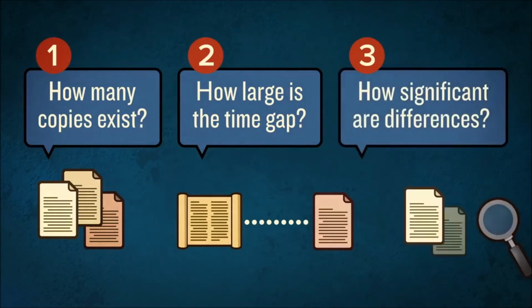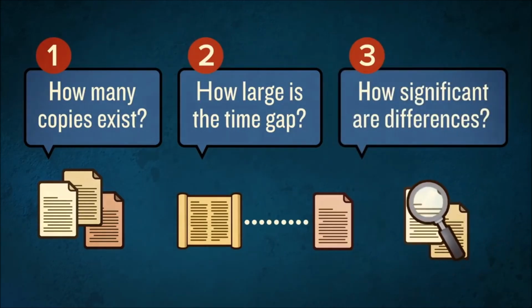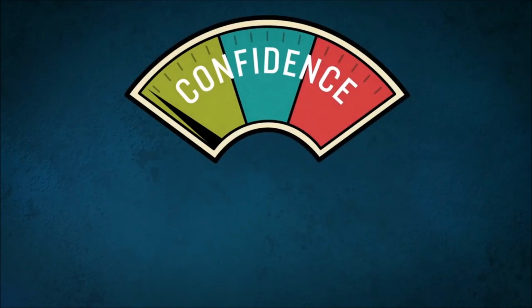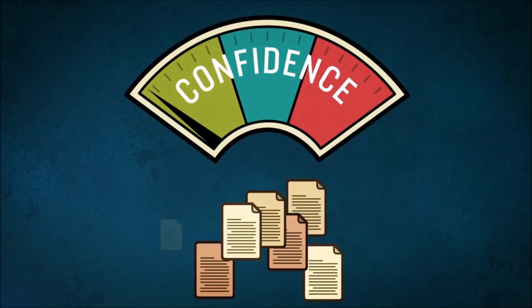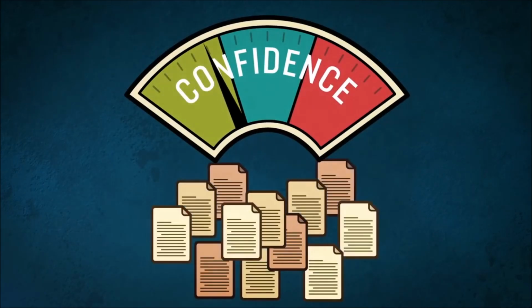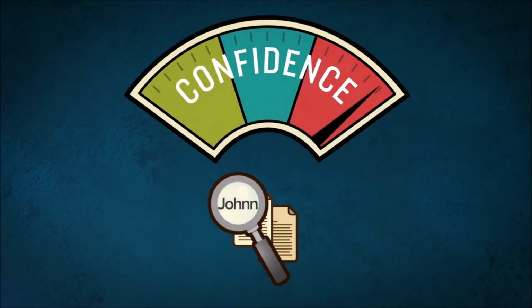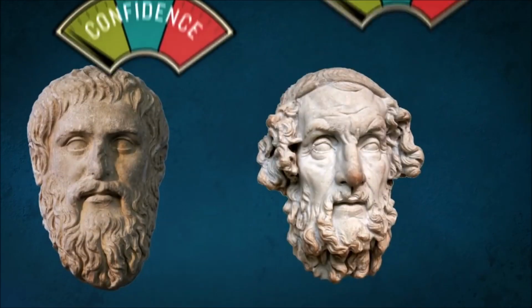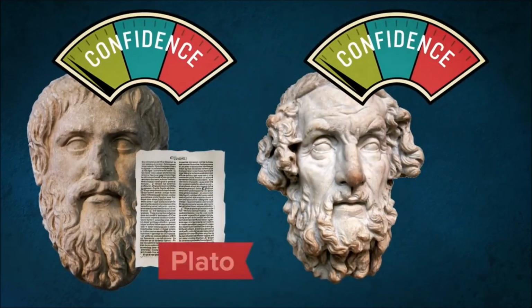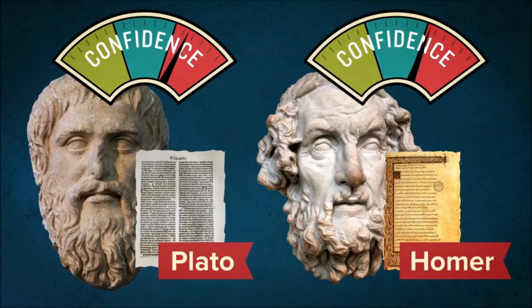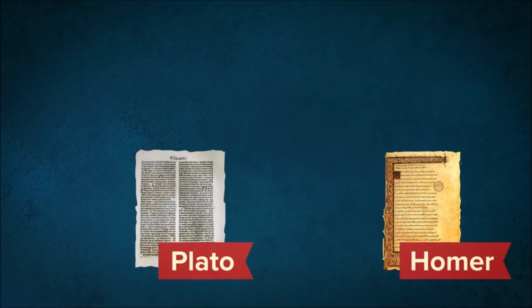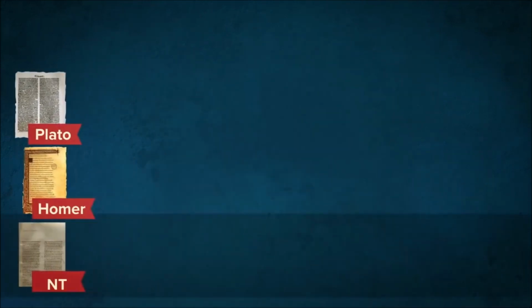And how significant are the differences between the copies? The experts have more confidence in their reconstruction of the original text when there are lots of copies to work with, the time gap is short, and the differences are relatively insignificant. Historians are confident they have reconstructed the original works of Plato and Homer with a high degree of accuracy. So let's compare these works to the New Testament.